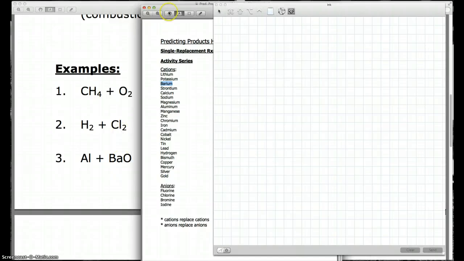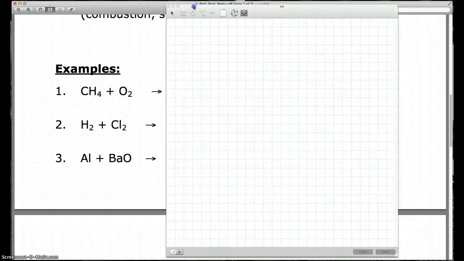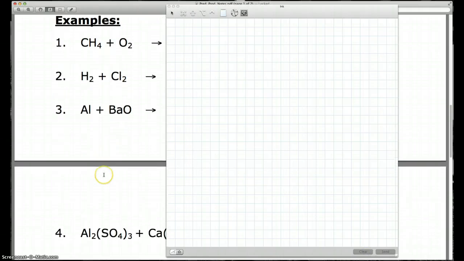So what I would do in this case, since barium is cooler, aluminum can't replace it, all I'd do is I'd write no reaction, because nothing's going to happen. If I put aluminum and barium oxide in a container together, they just sit there and do nothing. So that is our first example of a single replacement. We'll have some more here, but let's move on to number 4.